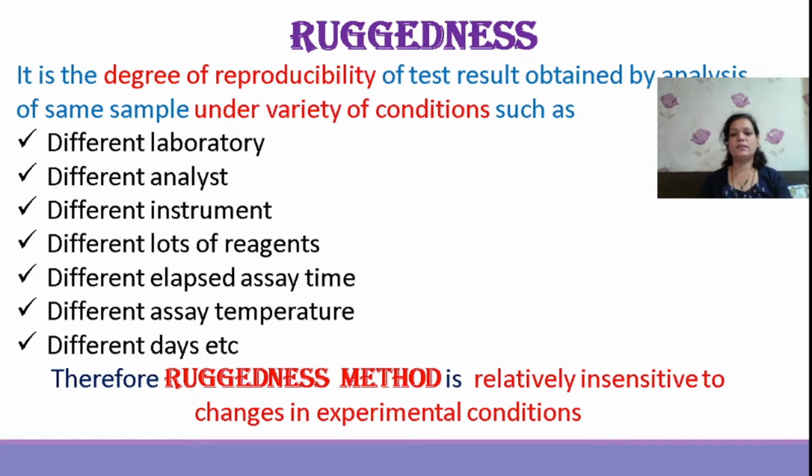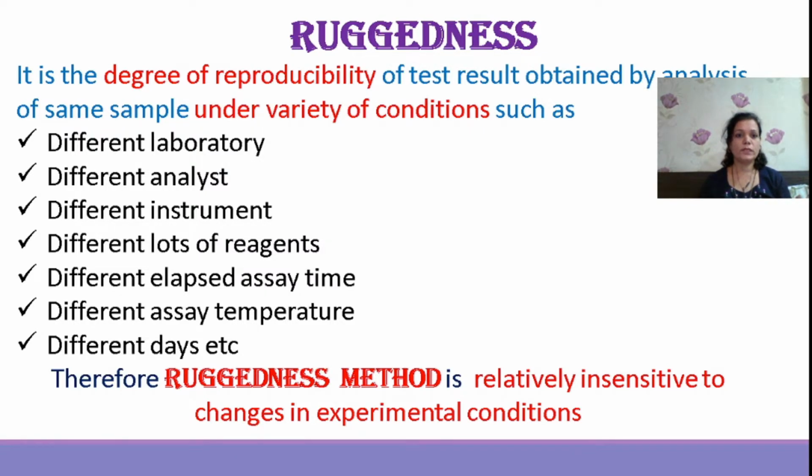Ruggedness is another term utilized in correlation with robustness. What does this term define? It is the degree of reproducibility of the method under a variety of conditions, like different laboratory, different analyst, different instrument, different lots of reagent.